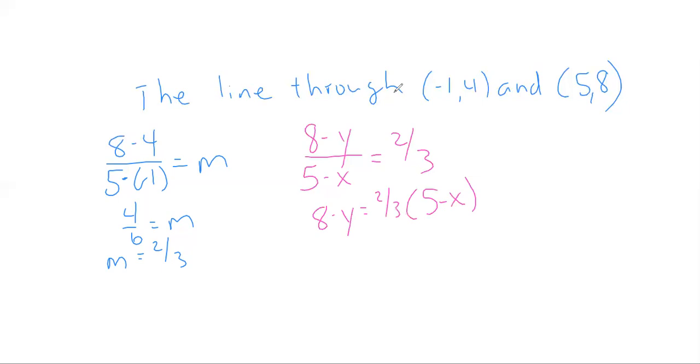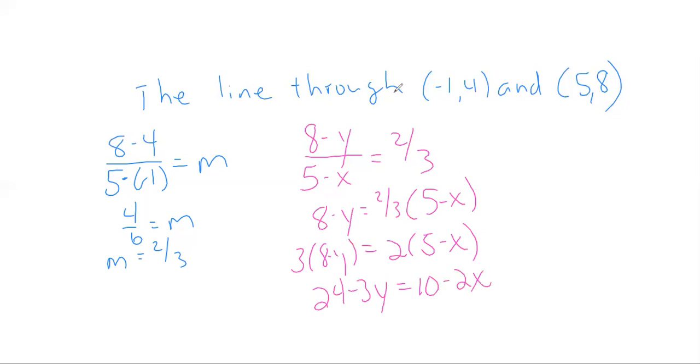Well, personally, I don't like fractions, so I'm going to multiply both sides by 3 and go 3 times 8 minus y is equal to 2 times 5 minus x. Distribute those bad boys, and you get 24 minus 3y is equal to 10 minus 2x. You got to move the 2 over here, so get 2x minus 3y, and I'm going to subtract 24 from both sides and get negative 14. And there is the equation of my line in general form.